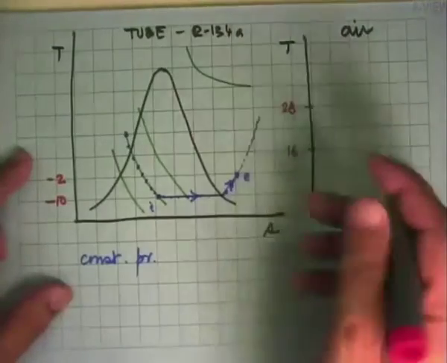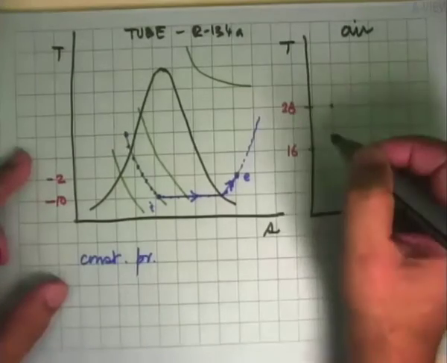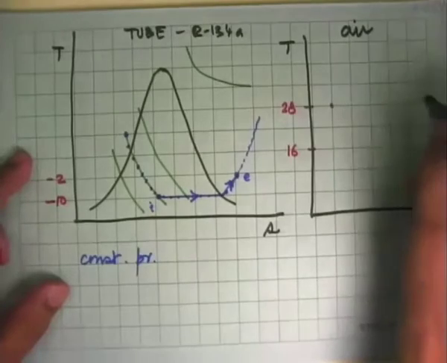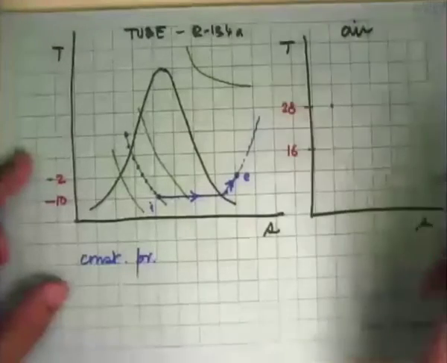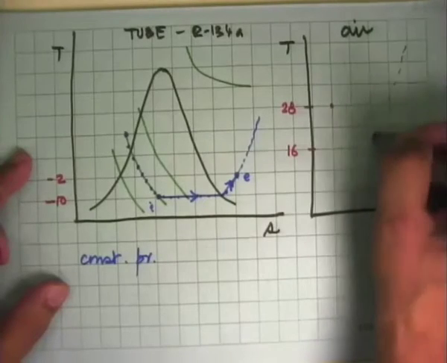And we know that as the air goes through it, its temperature decreases. So it started off having a temperature over there, and pressure is again constant. So we have to take a constant pressure line on this.